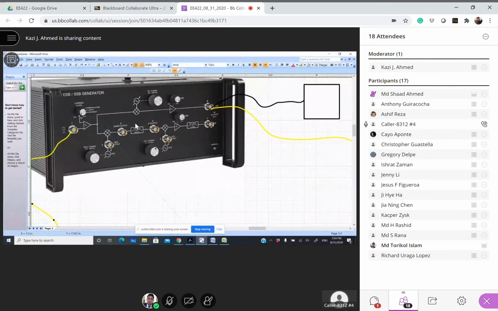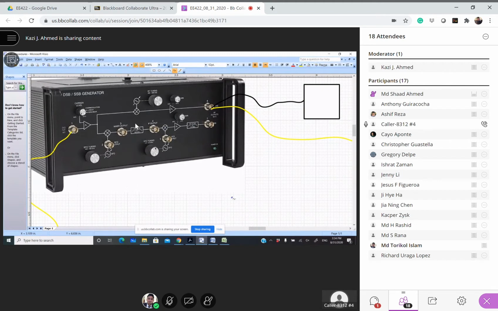But this carrier level is only for the carrier, not for the message itself. So whenever you change the carrier level, only the carrier amplitude will decrease or increase. The message stays the same, right? So in that case, what could happen? Your message level is fixed, but the carrier amplitude is changing, right?